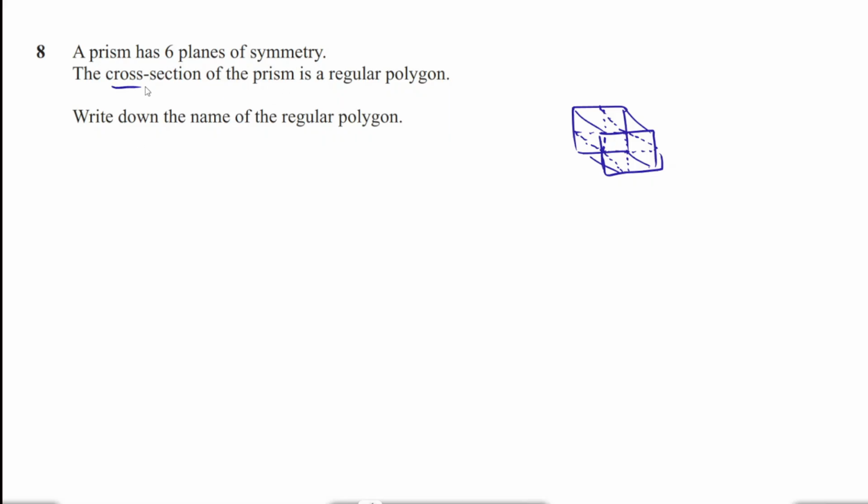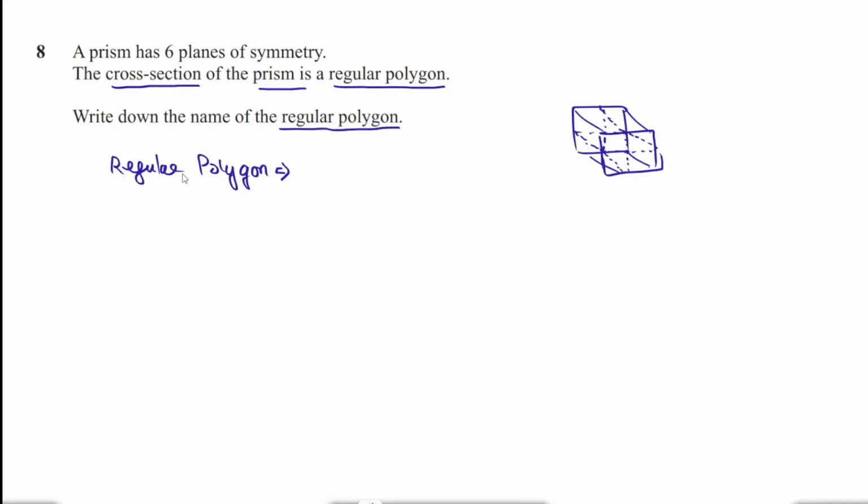Okay, a cross section of the prism is a regular polygon. Write down the name of the regular polygon. In the case of a regular polygon, let us assume it has 4 sides. A 4-sided regular polygon is considered a square.